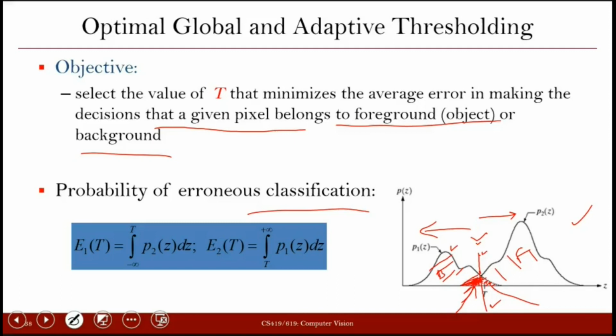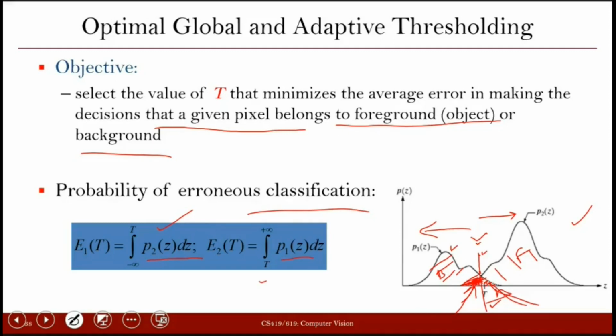So we are saying P2Z dz, integrating from minus infinity to T. That gives us the first area. Similarly, to get the second area, we are integrating the first function P1Z from T to infinity, and this gives us the second error.